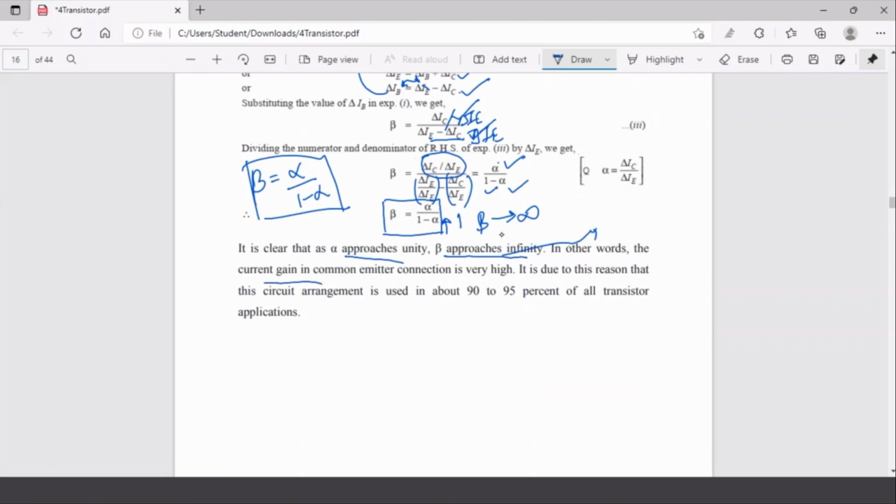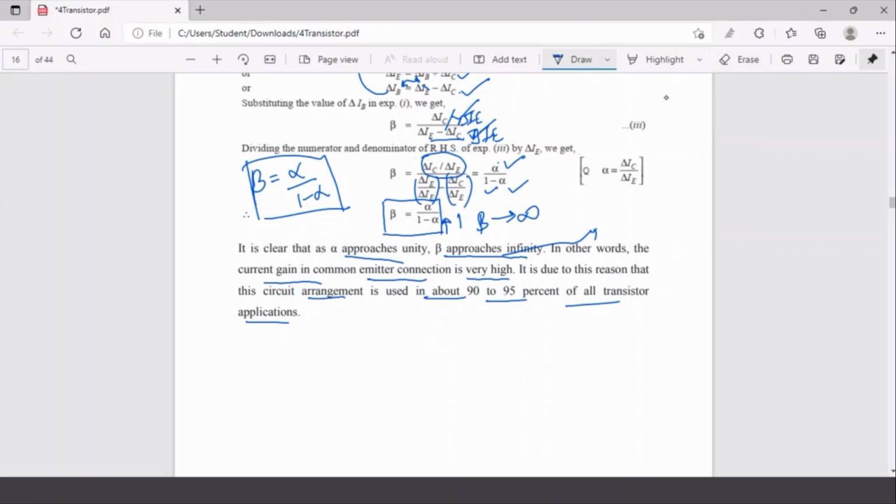So the current gain in common emitter configuration is very high, generally, because alpha is in the order of 0.9 to 0.99. That is why the beta value is very high, and why this circuit arrangement is used in around 90 to 95% of all transistor applications.